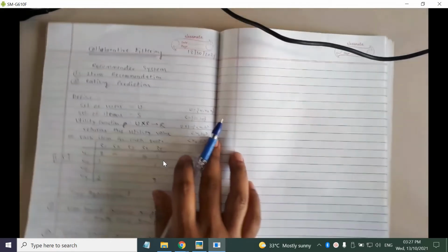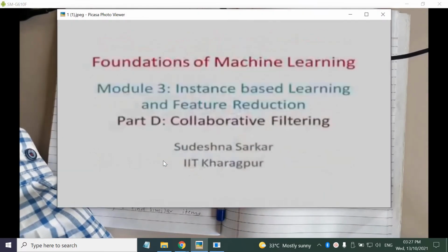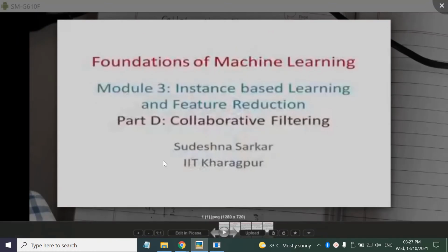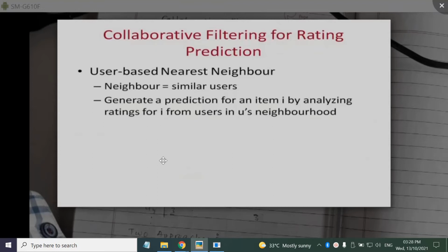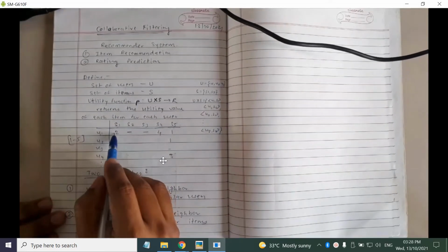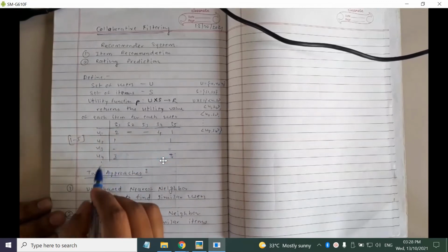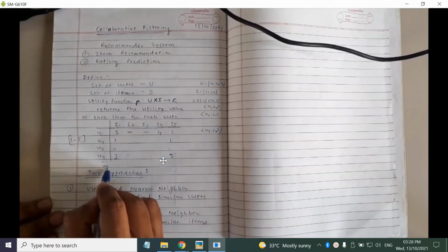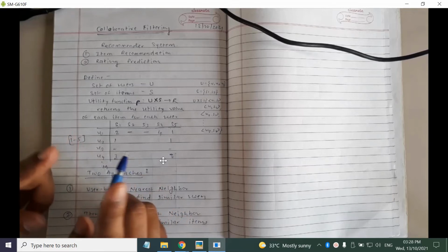Now how to find these nearest neighbors? I have a screenshot from our NPTEL course. We can use any correlation formula. This row is nothing but a vector: vector 1, vector 2, and so on. If I have m users, I will have m vectors. So what I am doing is finding the similarity between two vectors.